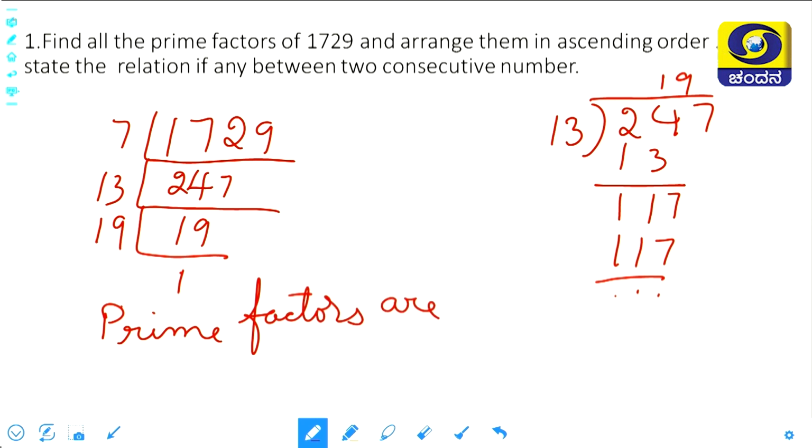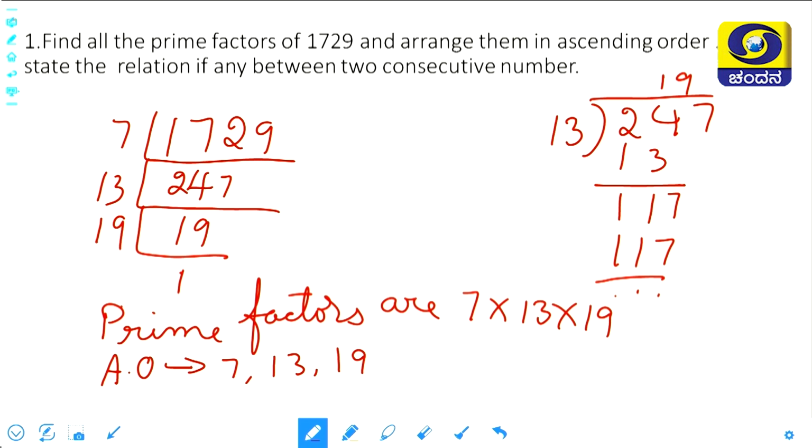Now, prime factors are 7 into 13 into 19, and they ask you to arrange in ascending order. So, ascending order, that is in the ascending order itself: 7, 13 and 19. And they also ask you to state the relation if any between two consecutive numbers.